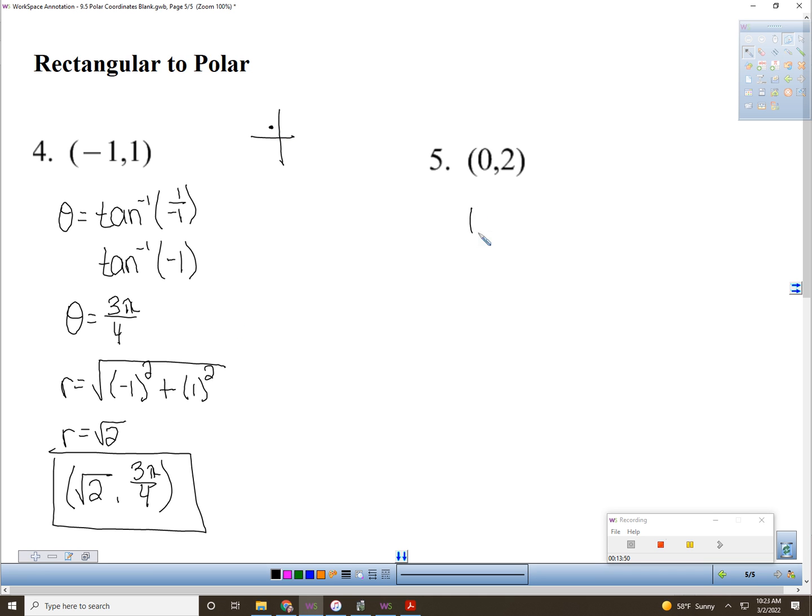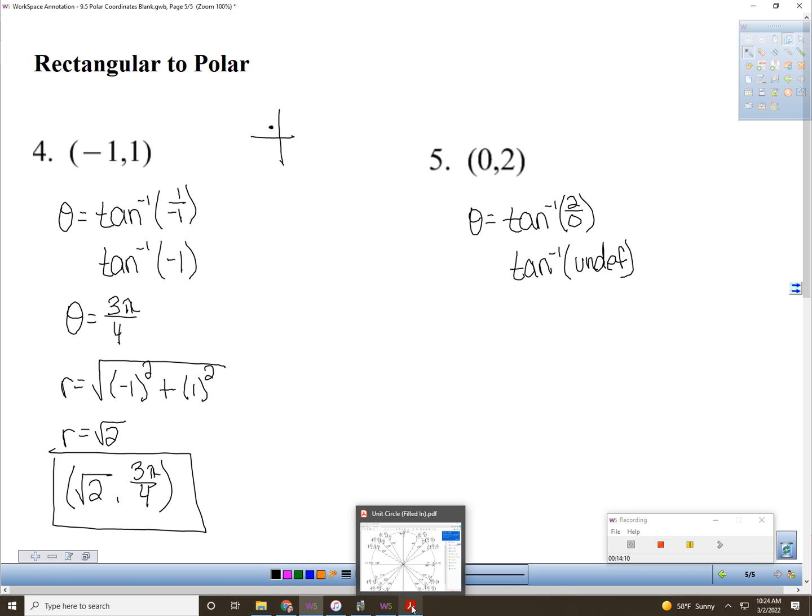So same thing here. I'm going to find my theta first, so I'll do the tan inverse of y over x. Now, I can't divide by 0, so I'm actually looking for an angle that gives me a tangent that is undefined, meaning I'm dividing by 0.